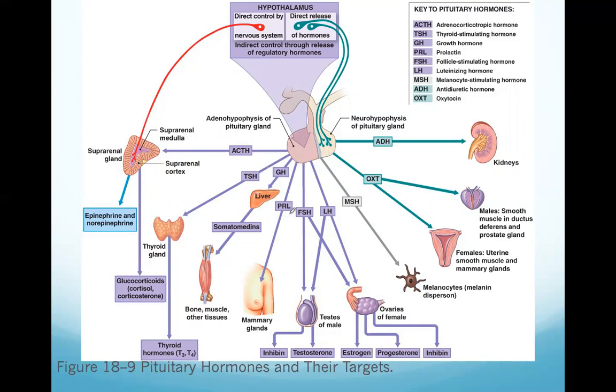You have prolactin that targets the mammary tissue in females during pregnancy. And you have FSH and LH, which target both gonads, male and female, and are important in development of the gametes, which are the sex cells, as well as the sex hormones such as testosterone, estrogen, and progesterone.